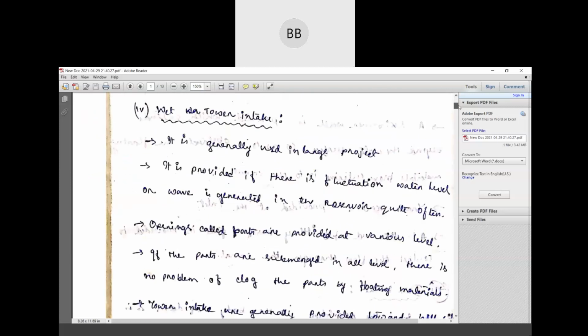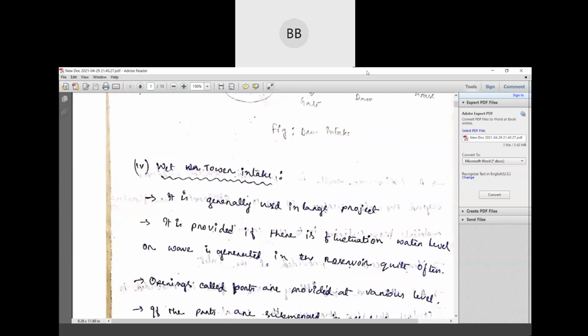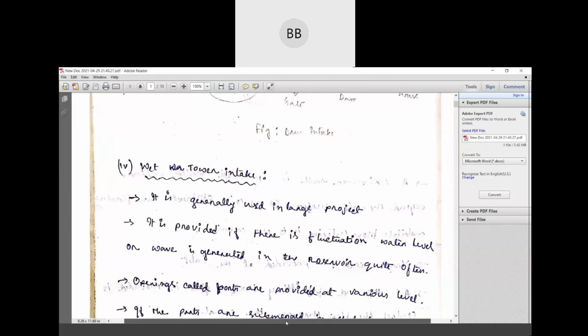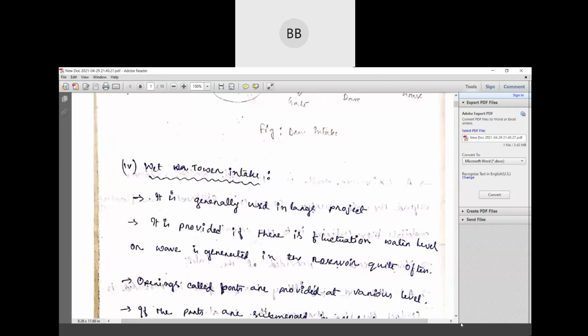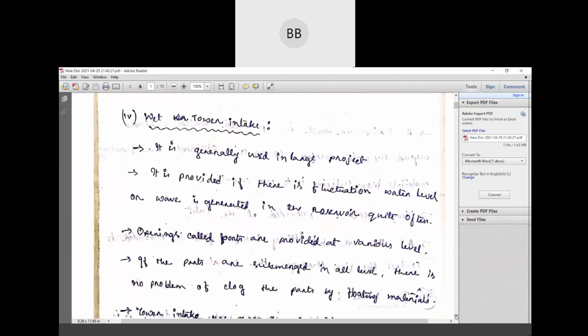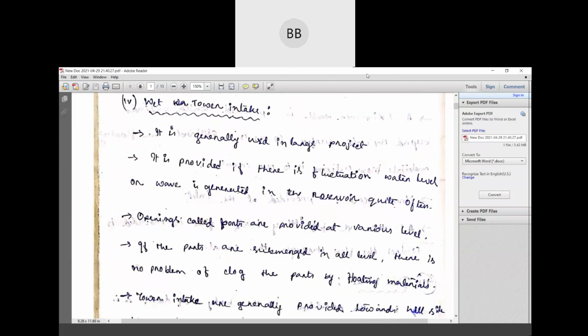You can write it down. With tower intake, first point: it is generally used in large projects.